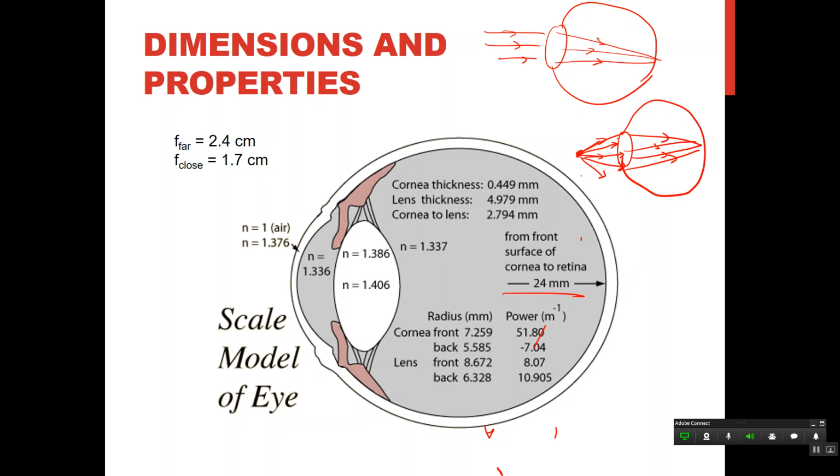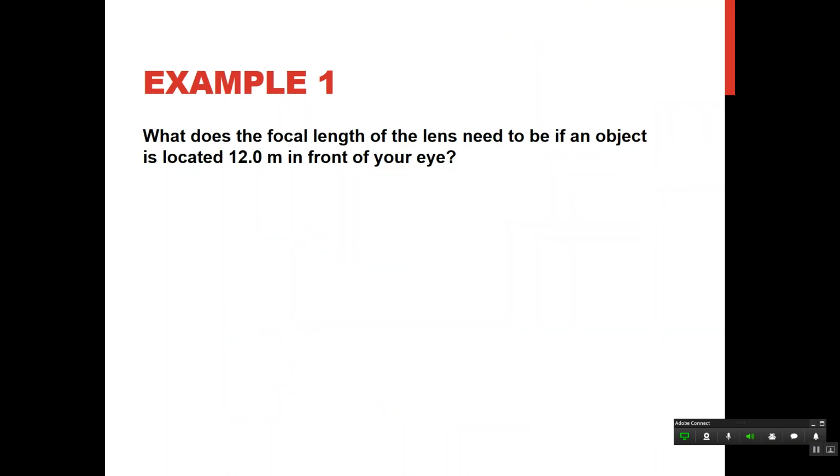So now we have some information here because DO is equal to 1200 centimeters. DI has to be equal to 2.4 centimeters. So we can find our focal point. If this number is humongous, and it kind of is, we're going to expect that our focal point is going to be pretty close to 2.4, because if an object is at infinity, the image is formed on the focal point.